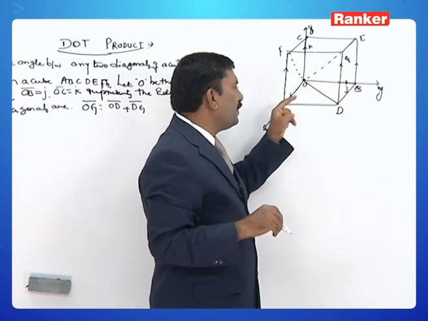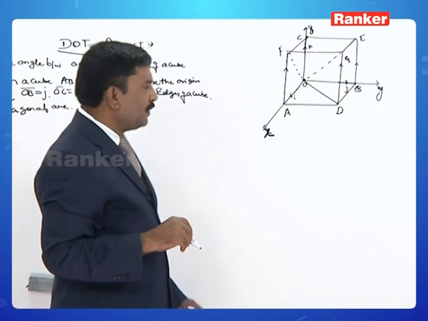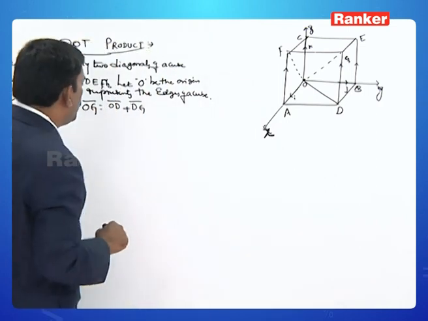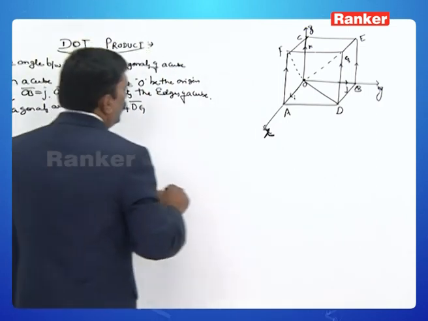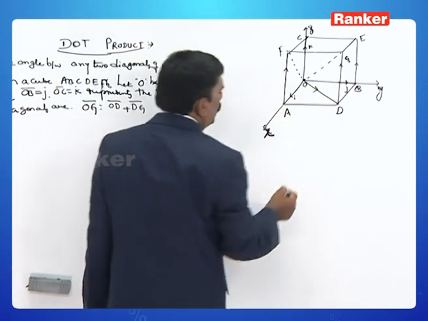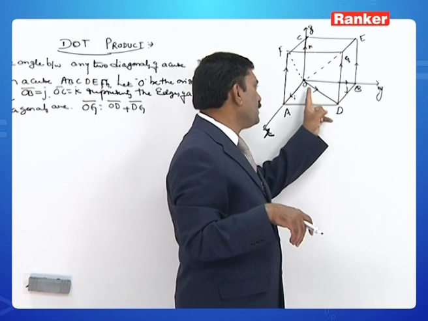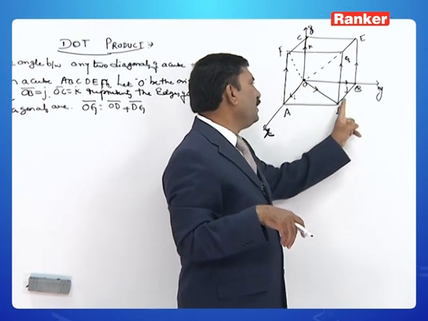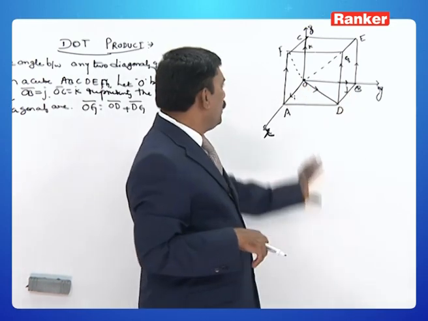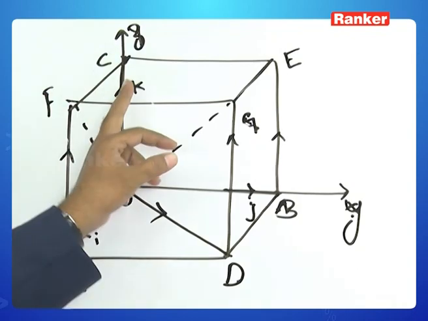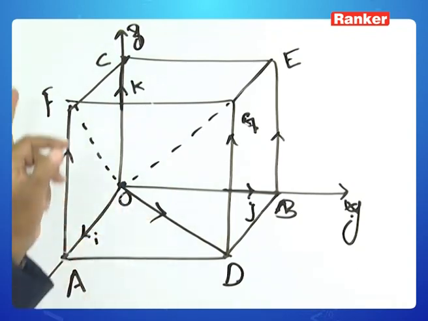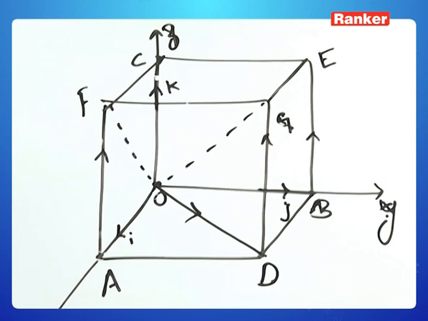Now OD bar is the diagonal of a face. OADB is one face. OF bar is the diagonal of another face. OAFC is another face.